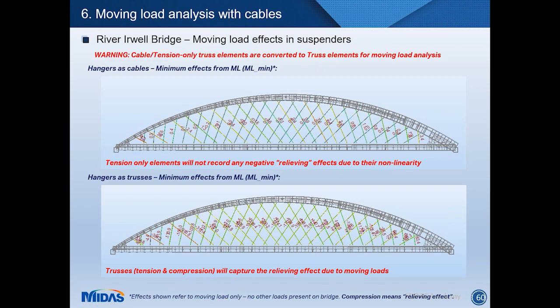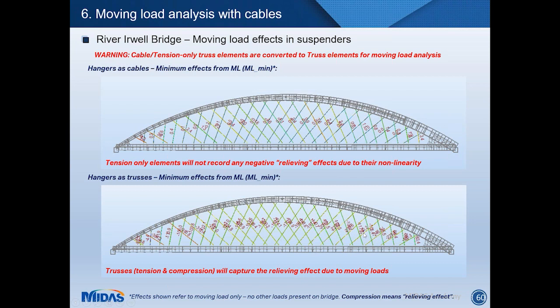This may seem like something wrong. So what I did here is I've extracted with the moving load tracer function all of the positions that will give me the minimum result in the cable along the deck for each cable. And then I created an envelope of it. So what you see here is that most cables are not stressed, right? When I run the analysis using the moving load and the influence lines in MIDAS, for the envelope of the minimum of the moving load analysis, I see that all of the trusses are in compression.